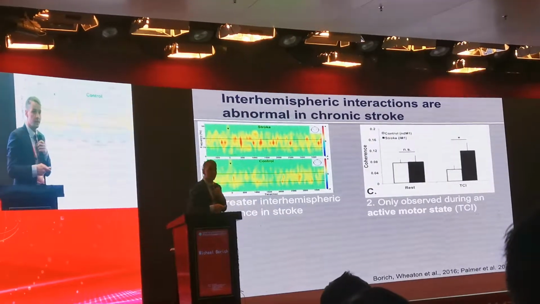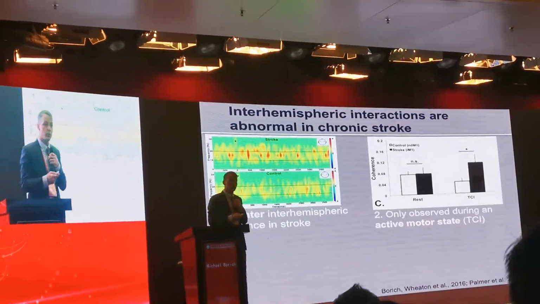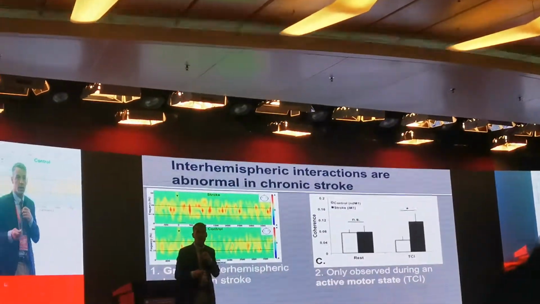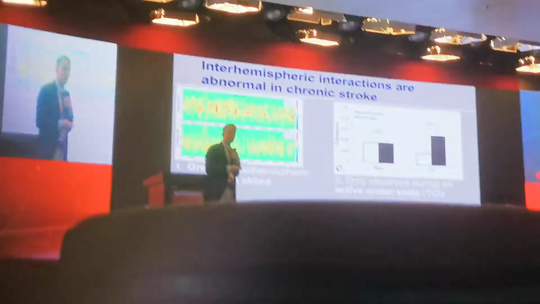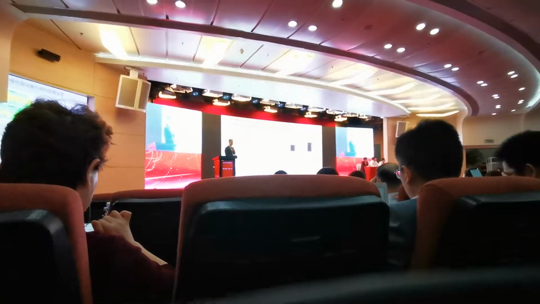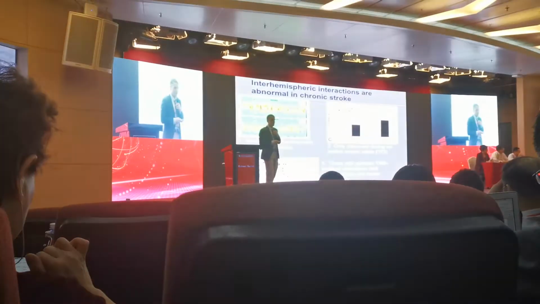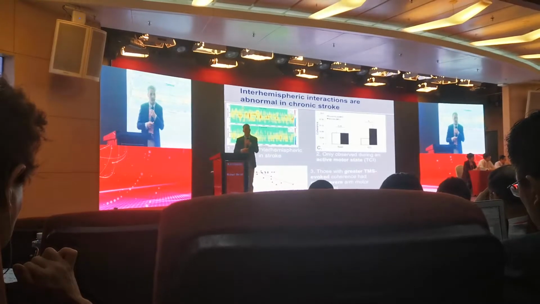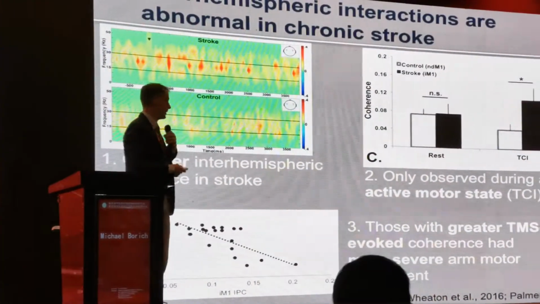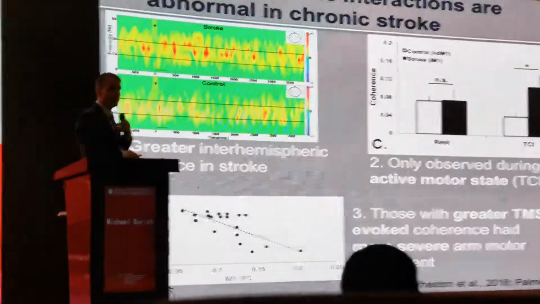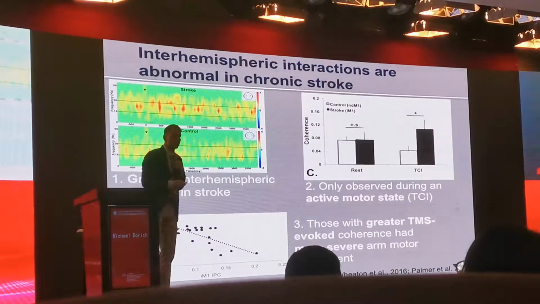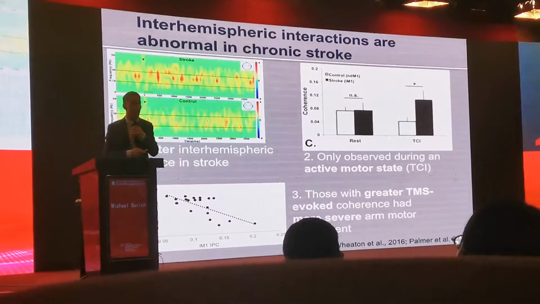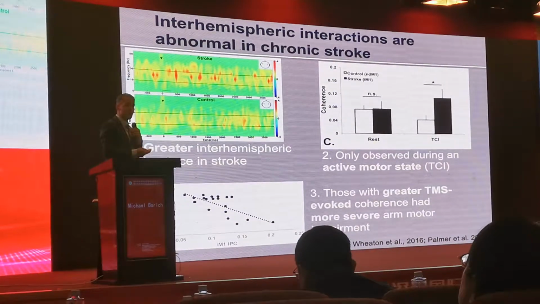It seems to be state dependent, meaning that this abnormal connectivity only arises when an individual is performing an active movement. At rest, it seems to be no different from normal controls. Importantly, this heightened connectivity, or increased interaction between the hemispheres, is strongly correlated with their level of impairment in the chronic phase of recovery. So our question is, is this maybe a potential biomarker that we could target with non-invasive brain stimulation in a new way?